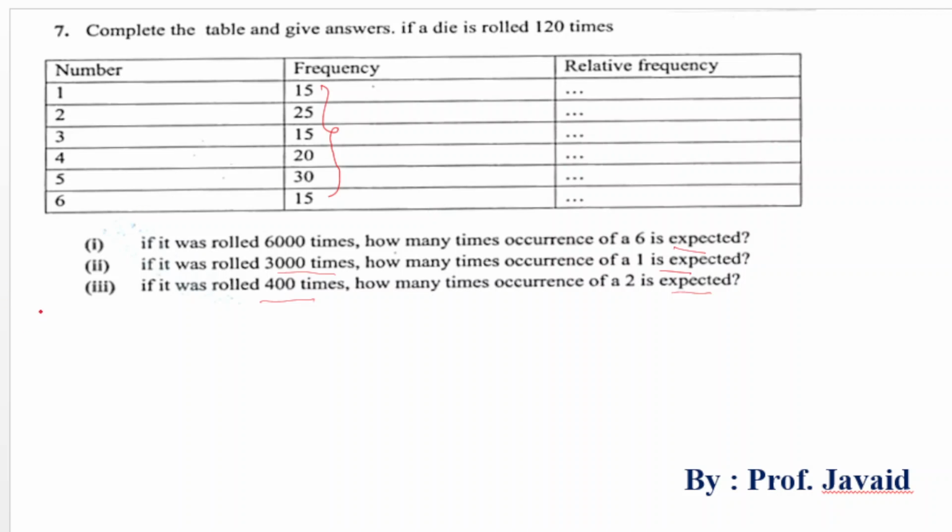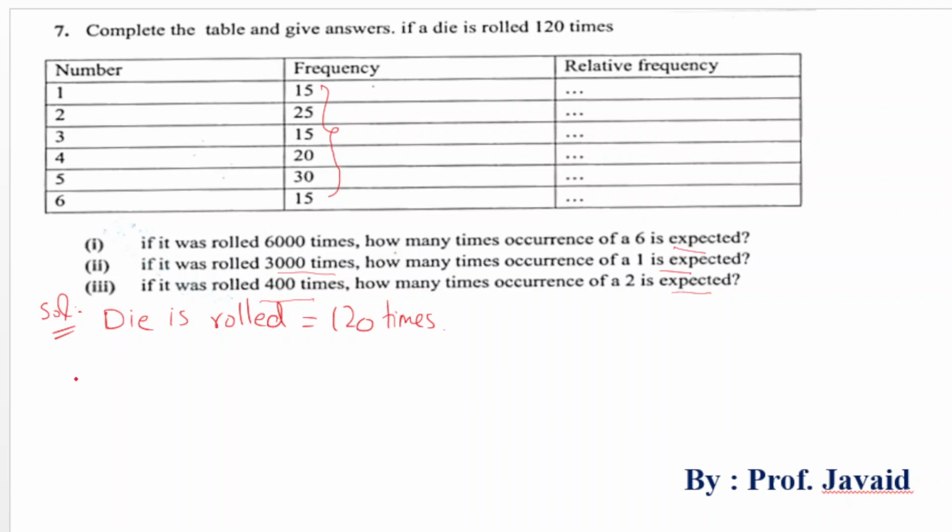So the die is rolled, first of all basically we'll write the solution. A die is rolled 120 times.